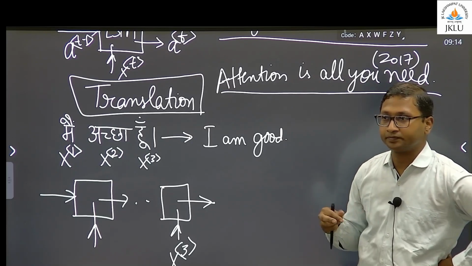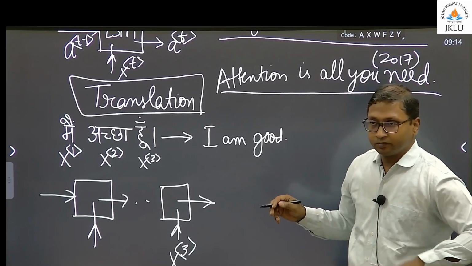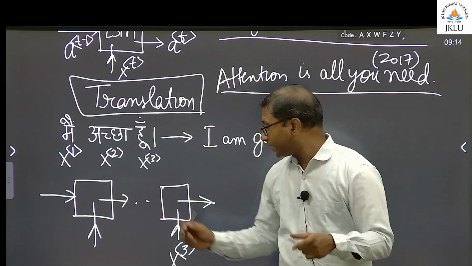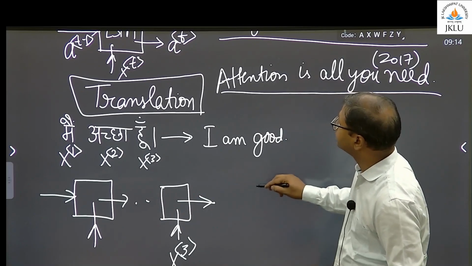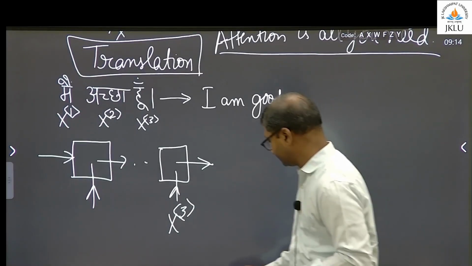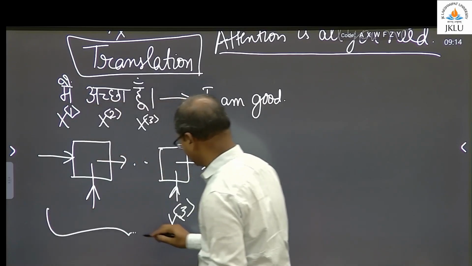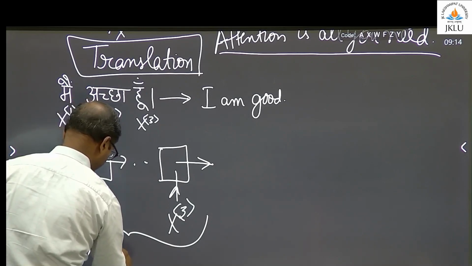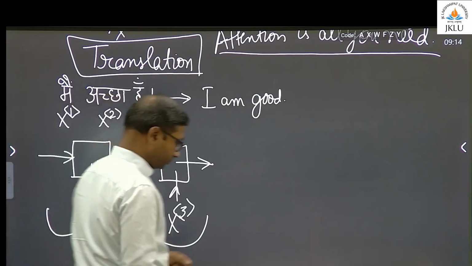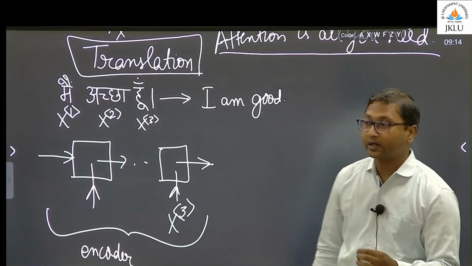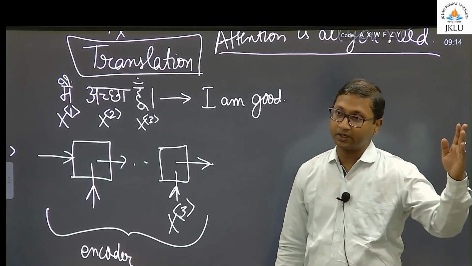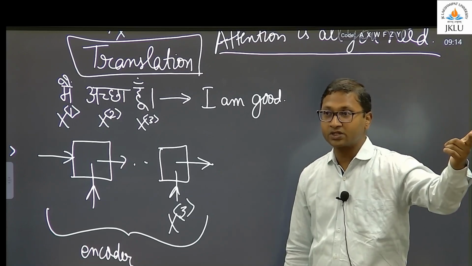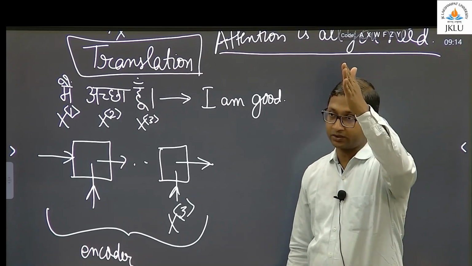See, why do you call it encoder? The encoder decoder architecture is famous throughout deep learning. If you see UNet, it was an encoder decoder architecture.